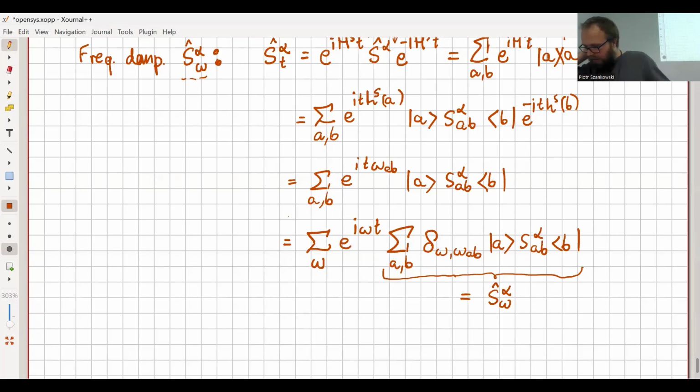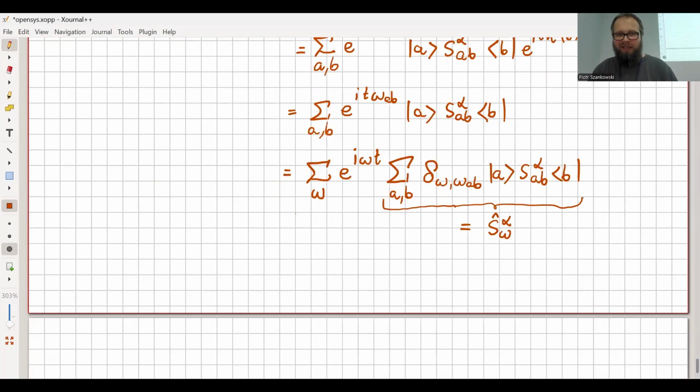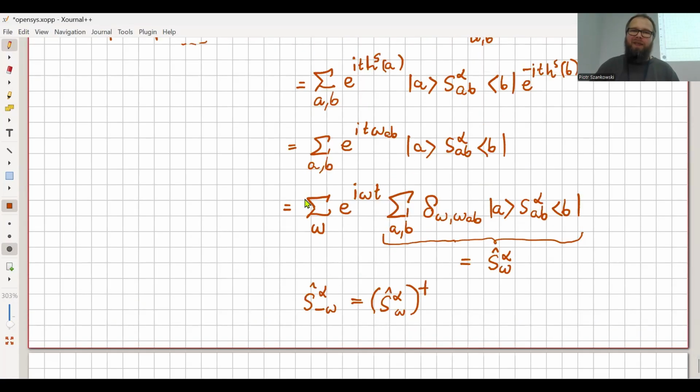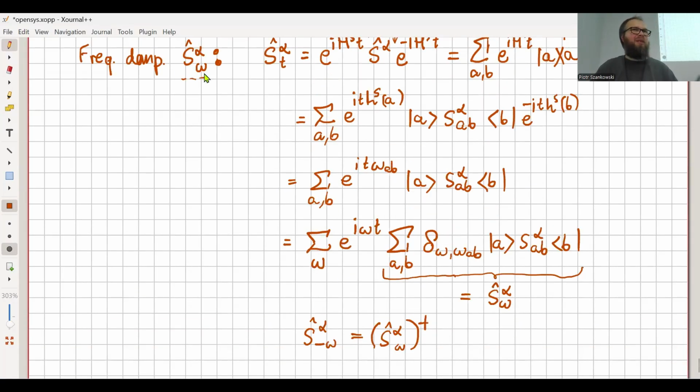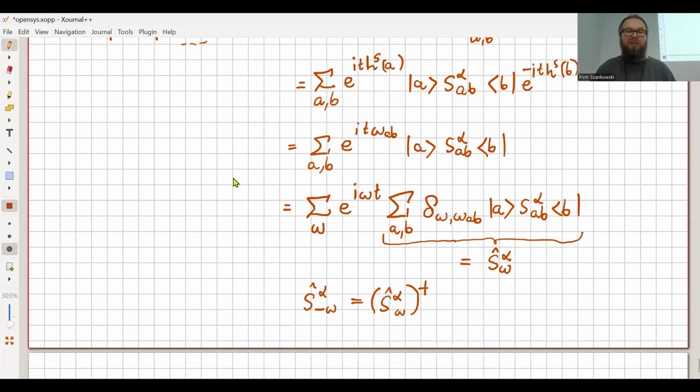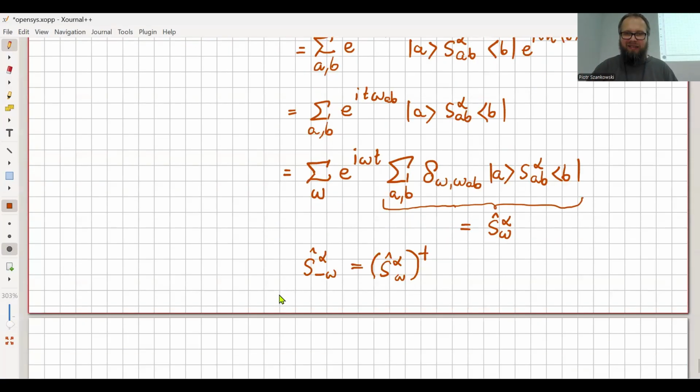Things to note here: S(-omega) alpha equals S_alpha(omega) dagger. So the frequency decomposition components are non-Hermitian. Taking a dagger equals flipping the sign of the frequency. Yeah, so this is a thing to note.